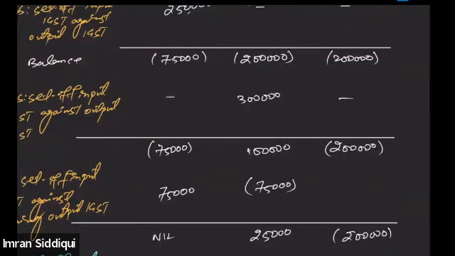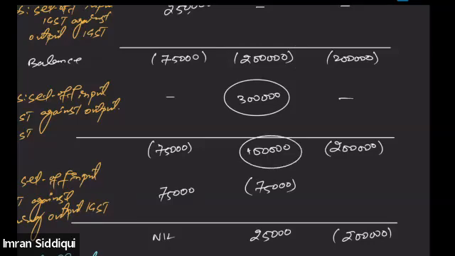Right, like see, input CGST was how much? It was 3 lakh, and we had a balance of 2 lakh under the output CGST, but we will be able to adjust to the extent of 3 lakh only.